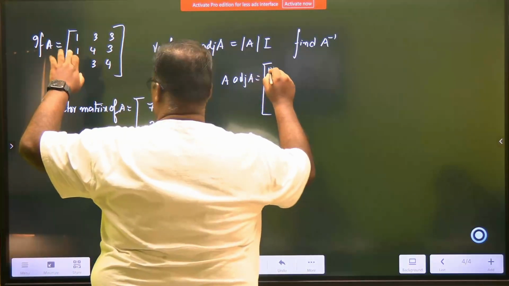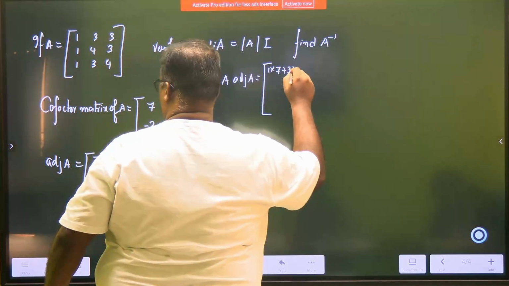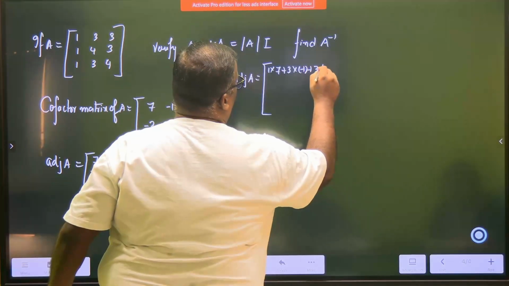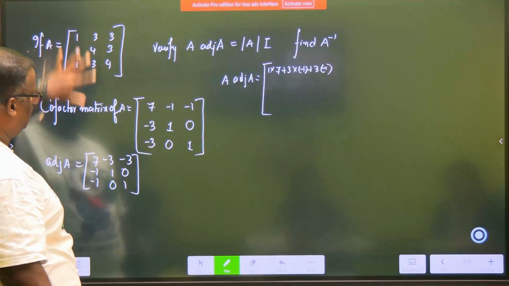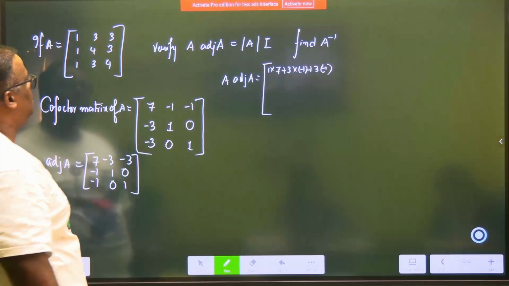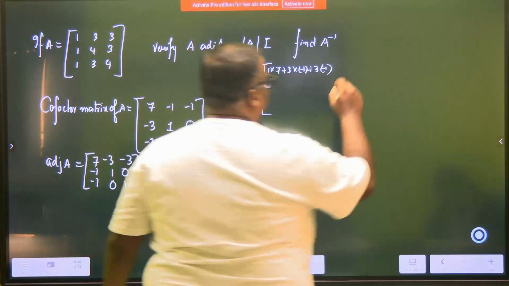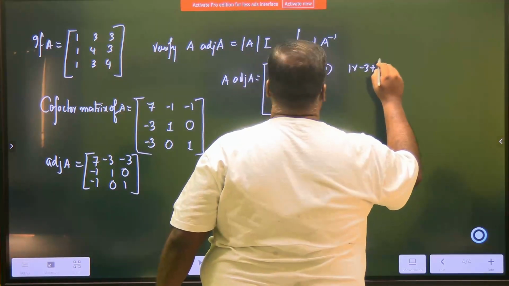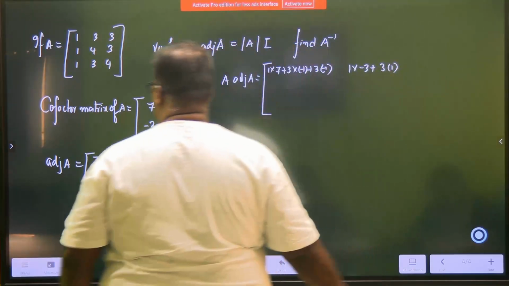1 into 7 plus 3 into minus 1 plus 3 into minus 1. Check this. 1 into 7 plus 3 into minus 1 is 3, and then the next is 0.